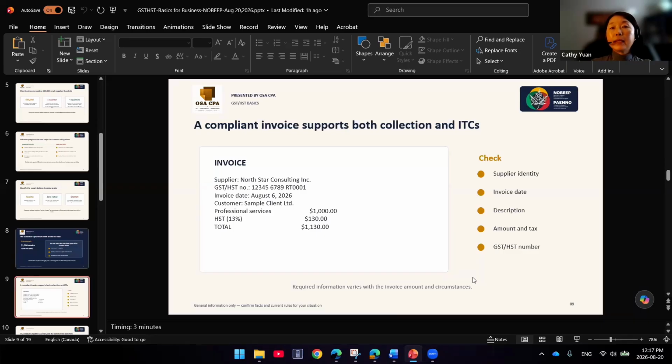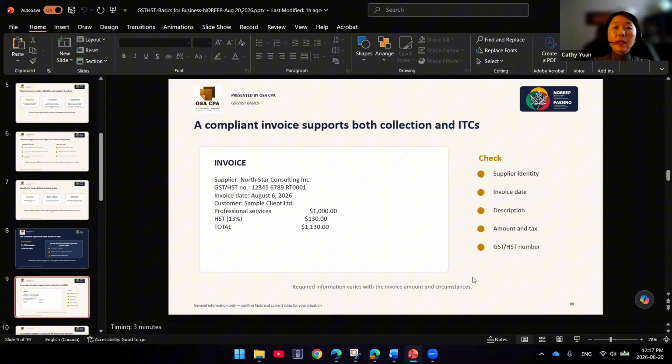Everything we paid for commercial needs, we need to collect these ITCs. These ITCs are credited against sales tax, which reduces our GST/HST amount, or even gets a refund from the CRA. So that is the most important thing I recommend.